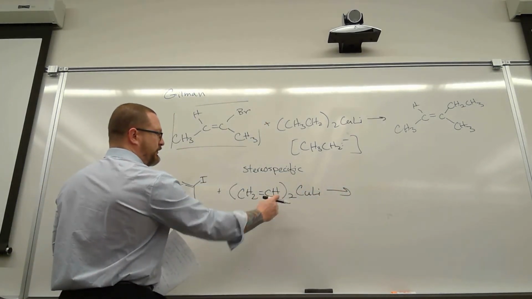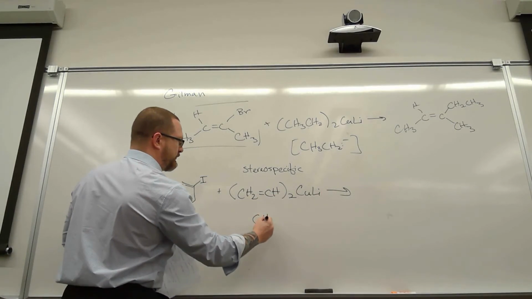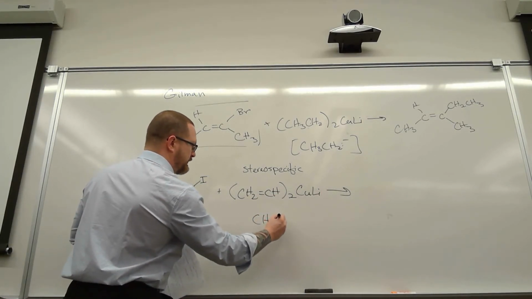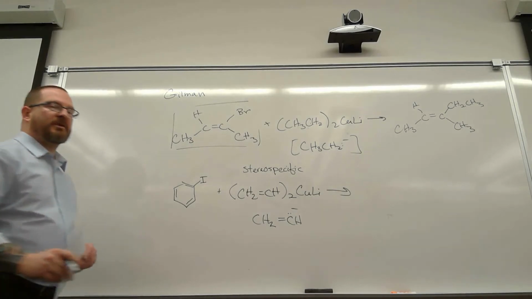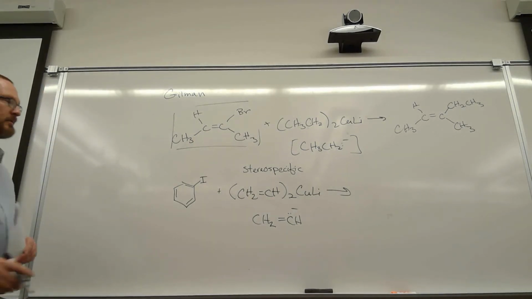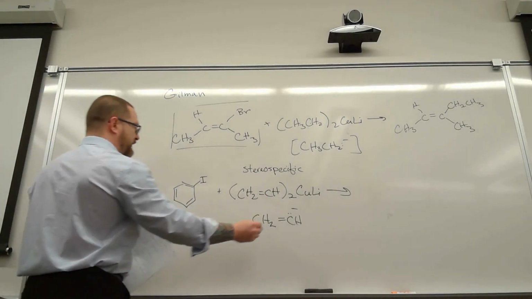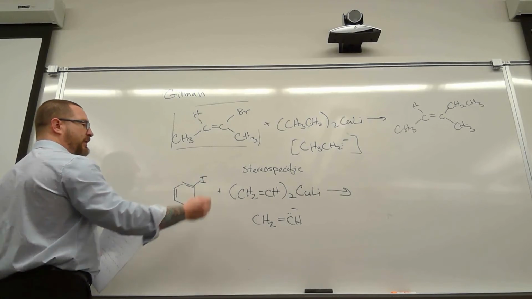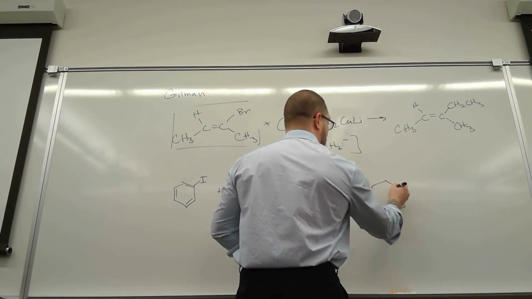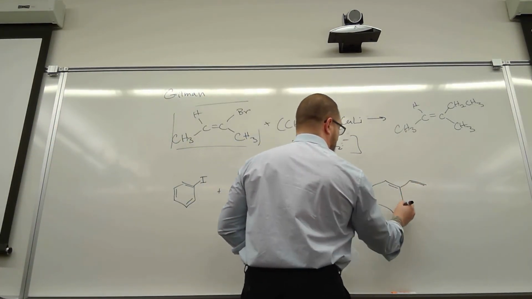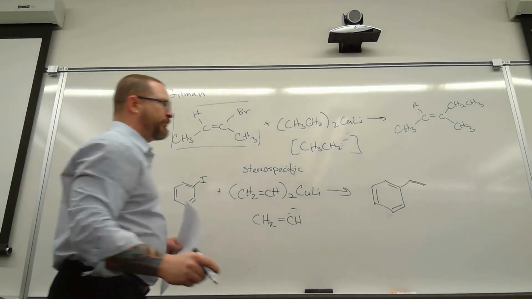You take these two, just pull one out if you're predicting. You think of it as a carbanion with your free lone pair. It's going to come in, attack here, kick off the iodine as a leaving group. And that would be your product.